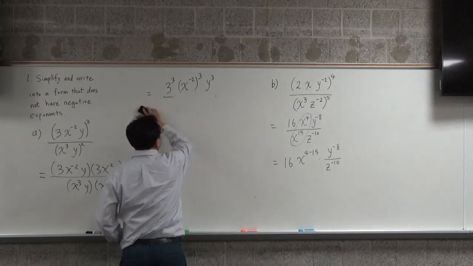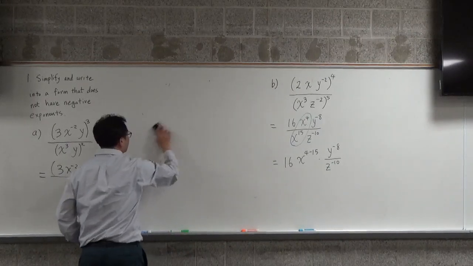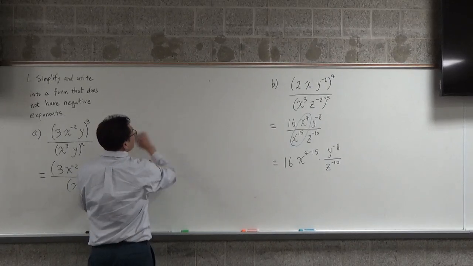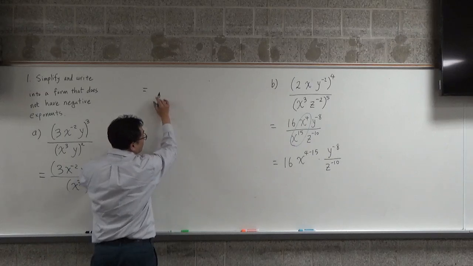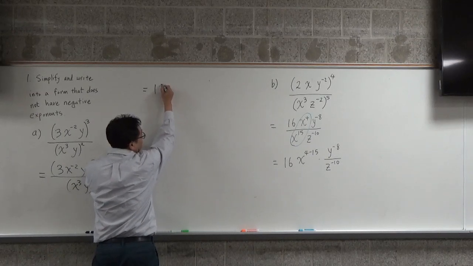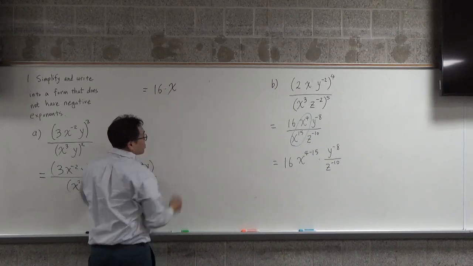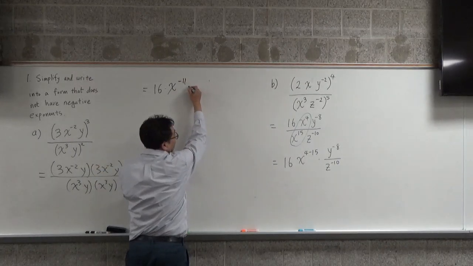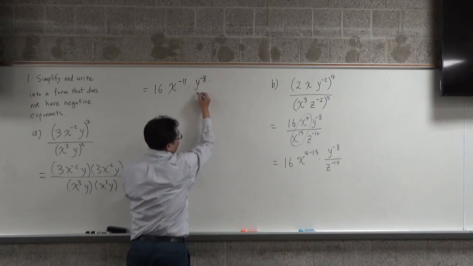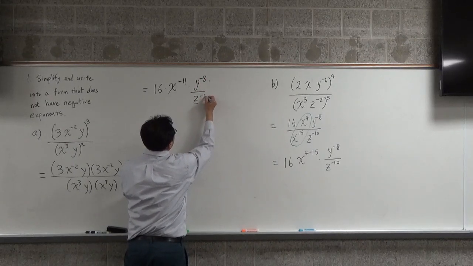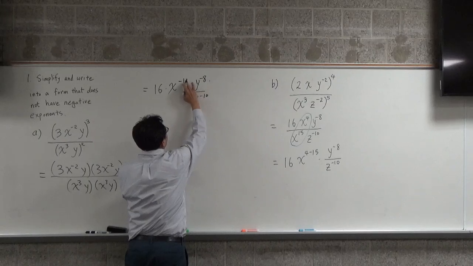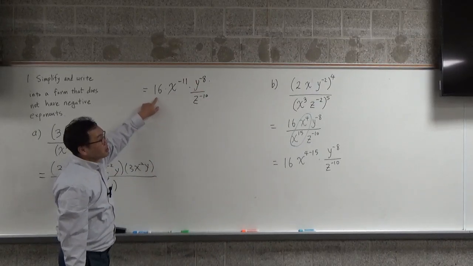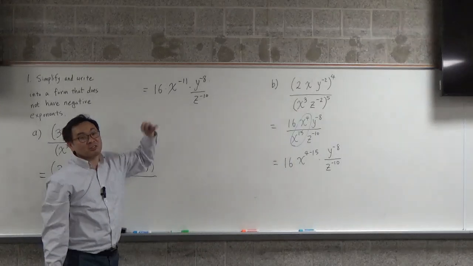So let me continue the calculation over here. This is going to be equal to 16 times x to the 4 minus 15, which is negative 11, times y to the negative 8, z to the negative 10. Anything that's by itself is considered above ground.